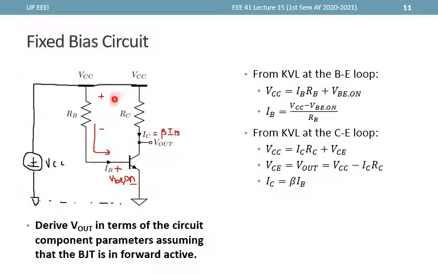So VCC is equal to the voltage drop here, which, based on the direction of IC, will have a polarity of this one as shown. So RCIC plus this voltage here, which is VCE.